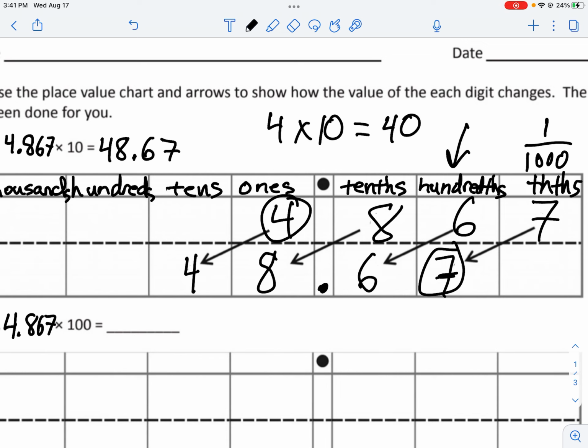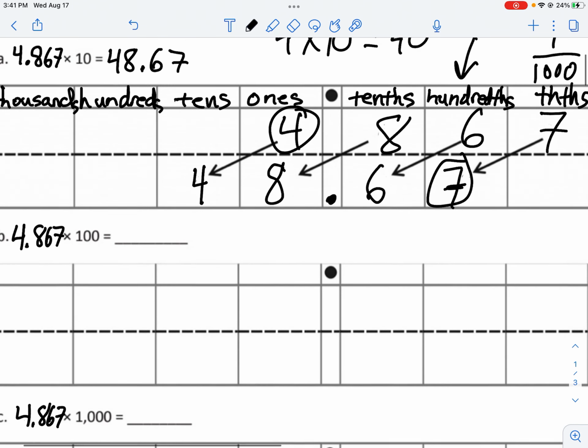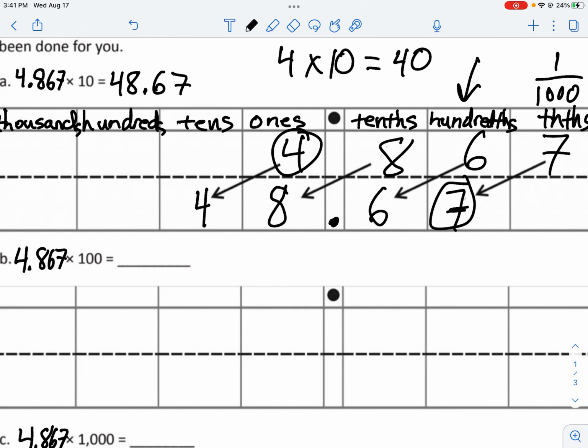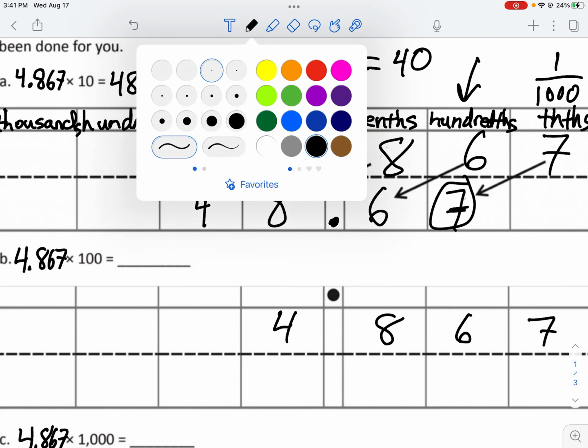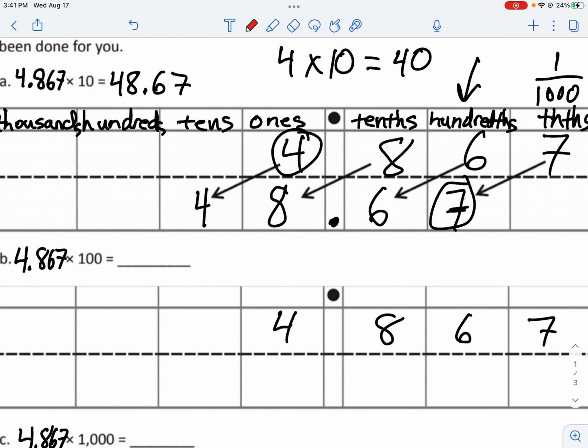All right, our next problem starts off the same. So I'm going to go ahead and just put the numbers in the same order. 4 is in the ones place, 8 is in the tenths place, 6 is in the hundredths place, and 7 is in the thousandths place. Let me go ahead and change my color so we can just kind of see a difference. So here, I want you to notice that there are 2 zeros.